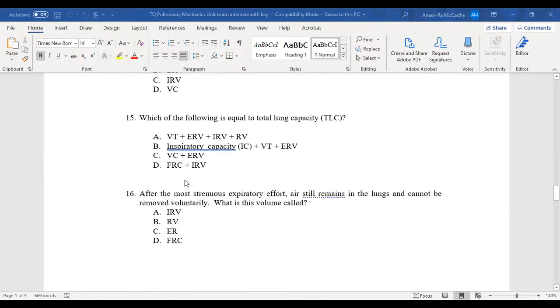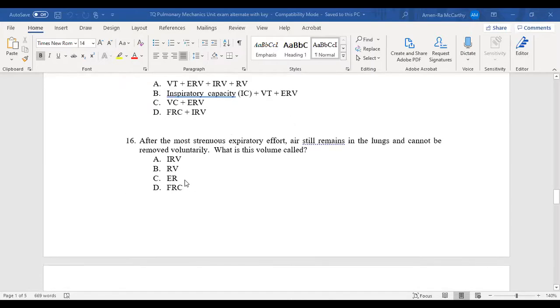Number 15, which of the following is equal to total lung capacity? Which one of these equal total lung capacity? Good. A, tidal volume, plus ERV, plus IRV, plus RV, all of it, right, is total lung capacity.